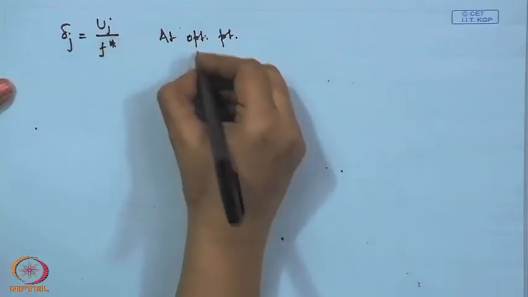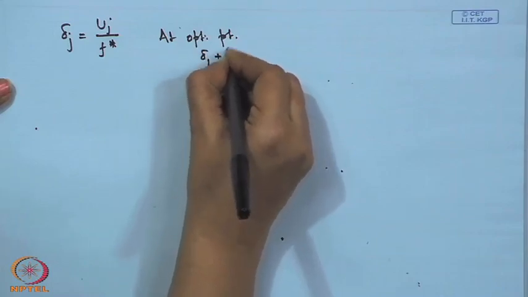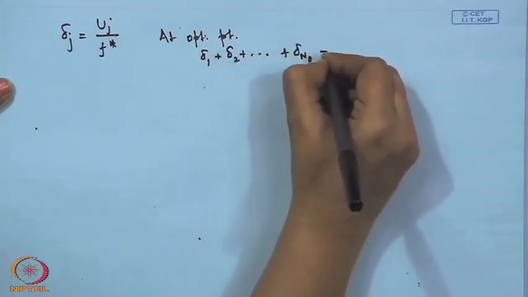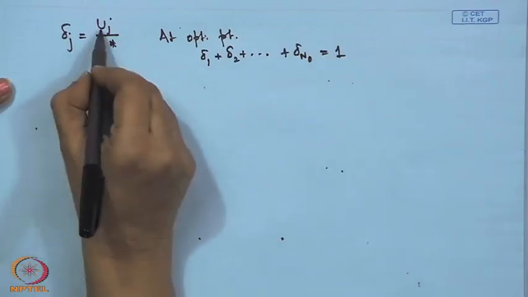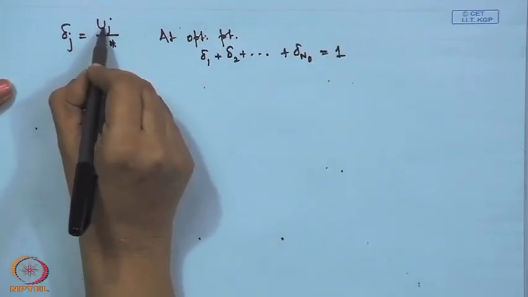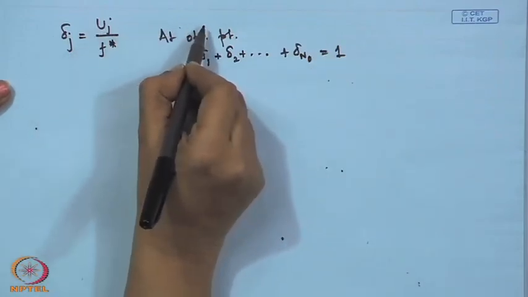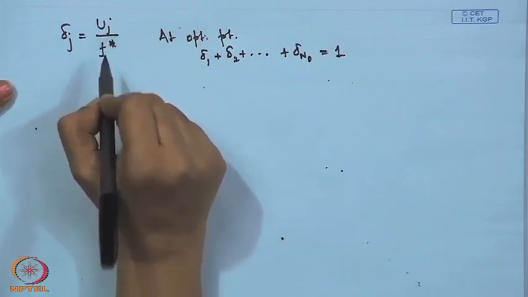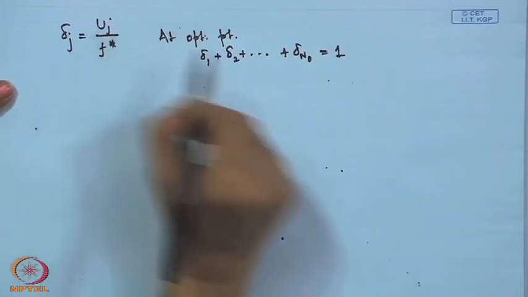In this way, the sum of delta 1 to delta n0 is equal to 1, because the summation of monomials at the optimal point divided by the objective function value at the optimal point is the same as the numerator.